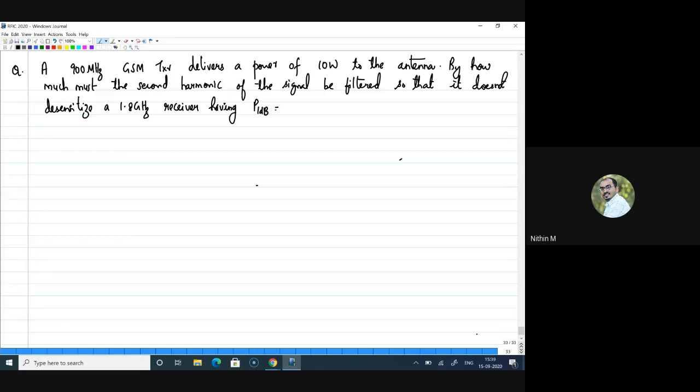I'll give it in terms of power: the 1 dB compression point is minus 25 dBm.